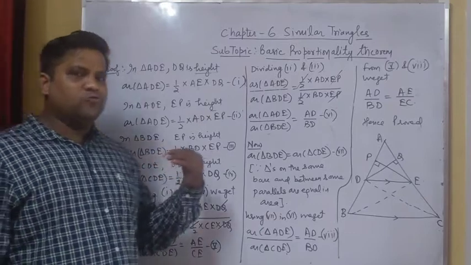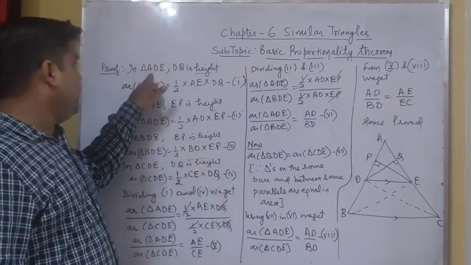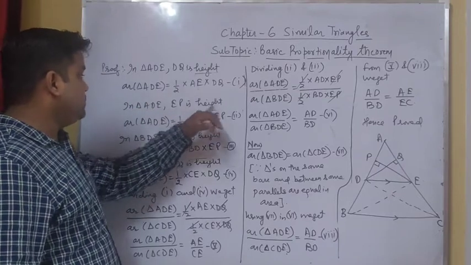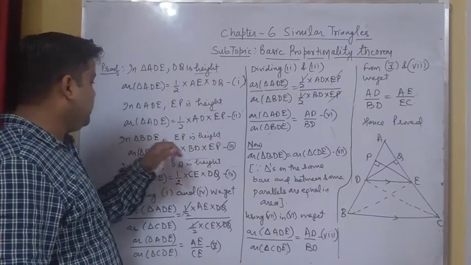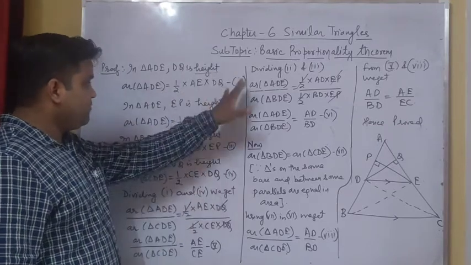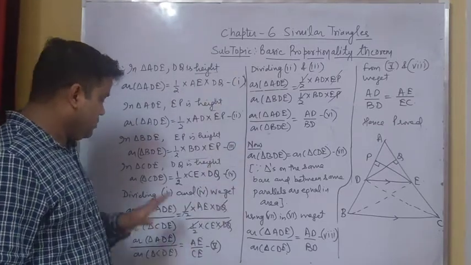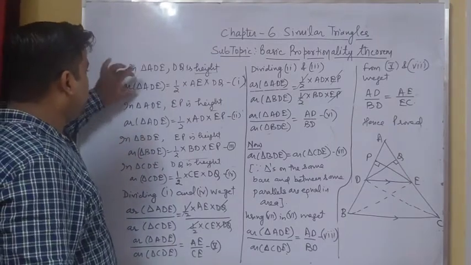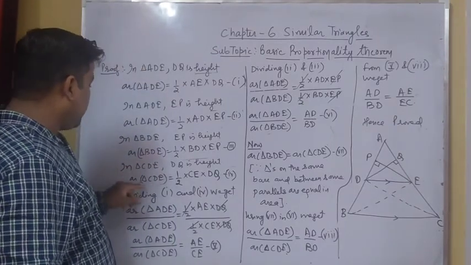Yes, we have found the areas of triangle ADE when DQ is height, and again in triangle ADE when EP is height. Similarly in triangle BDE, EP is height, and in triangle CDE, DQ is height. We have given first, second, third and fourth equation their areas. Now we divide the area of triangle ADE by area of triangle CDE.